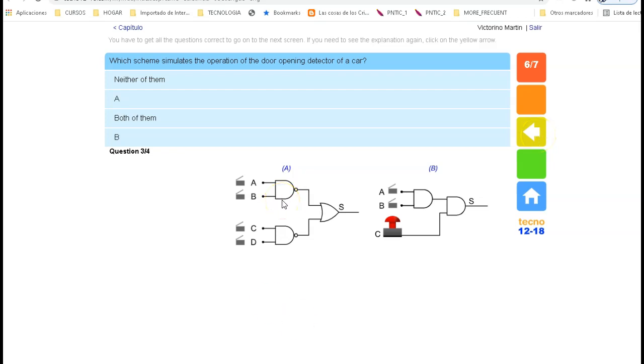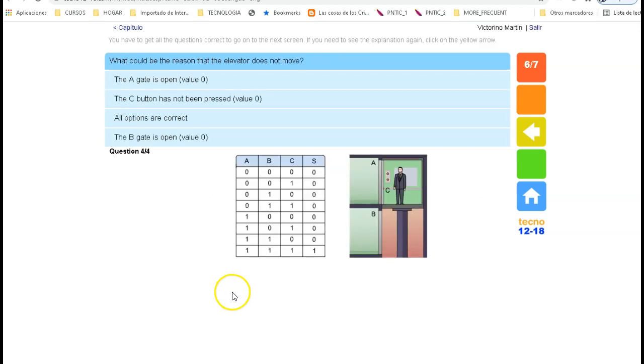Which scheme simulates the operation of the door opening detector of a car, the car with 4 different gates? A. Yes, I told you 4 gates. Here we only have 3, so it has to be different. Very good.